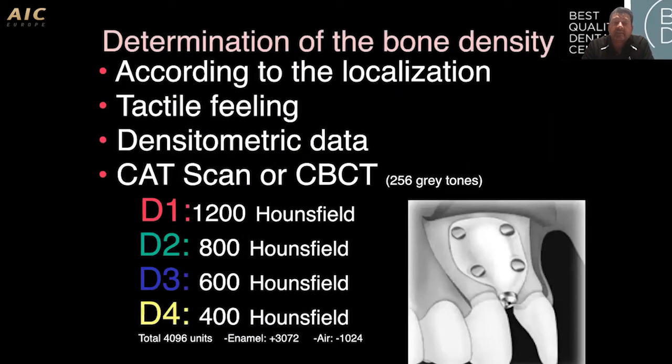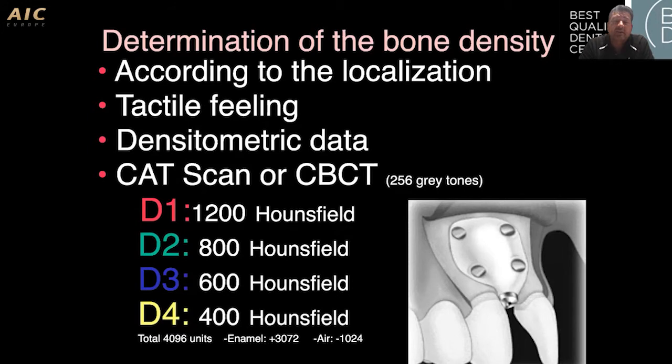Determination of the bone density: we know that it depends on the localization. And it's very important, beyond our aesthetic feeling, that through densitometry with the CAT scan or CBCT scan we can analyze, according to the gray tones, the several types of D bone. The D1 type of bone is around 1,200 Hounsfield scale, the D2 800, the D3 600, the D4 400.